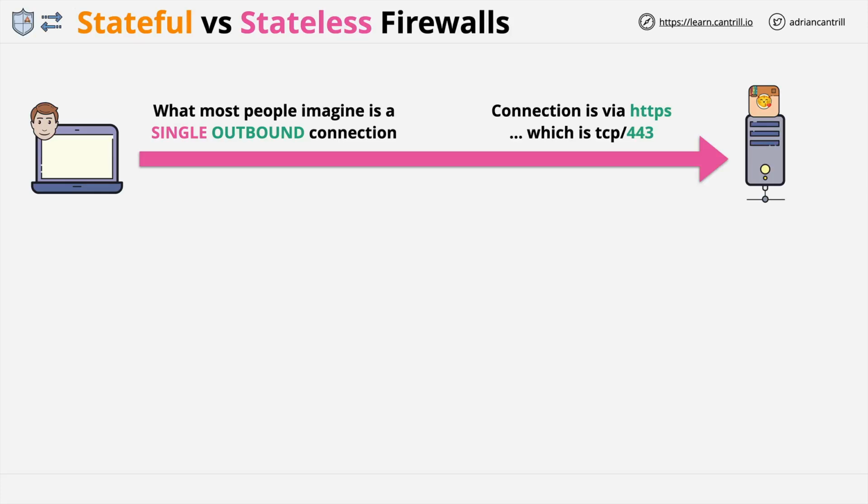Now you know that below the surface at layer 3 this single connection is handled by exchanging packets between the source and the destination. Conceptually though, you can imagine that each connection, in this case an outgoing connection from Bob's laptop to the server, is actually made up of two different parts.